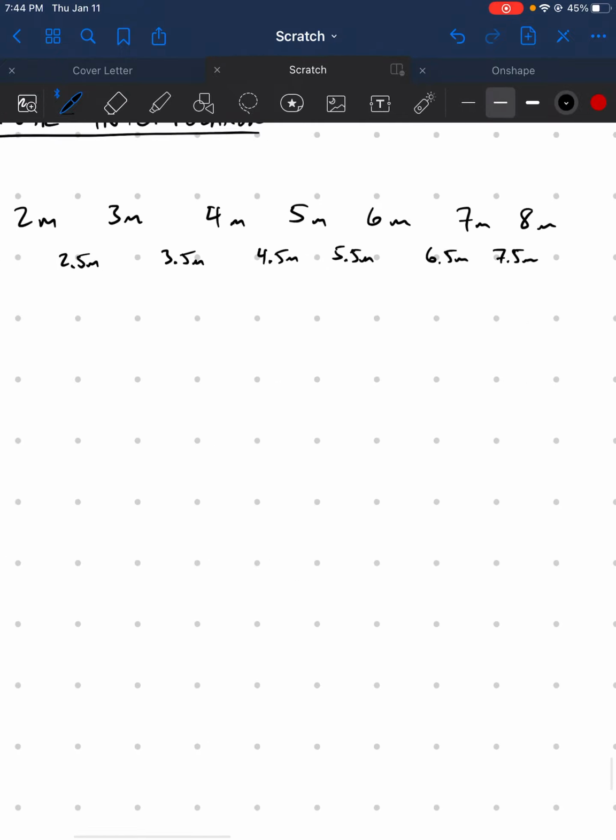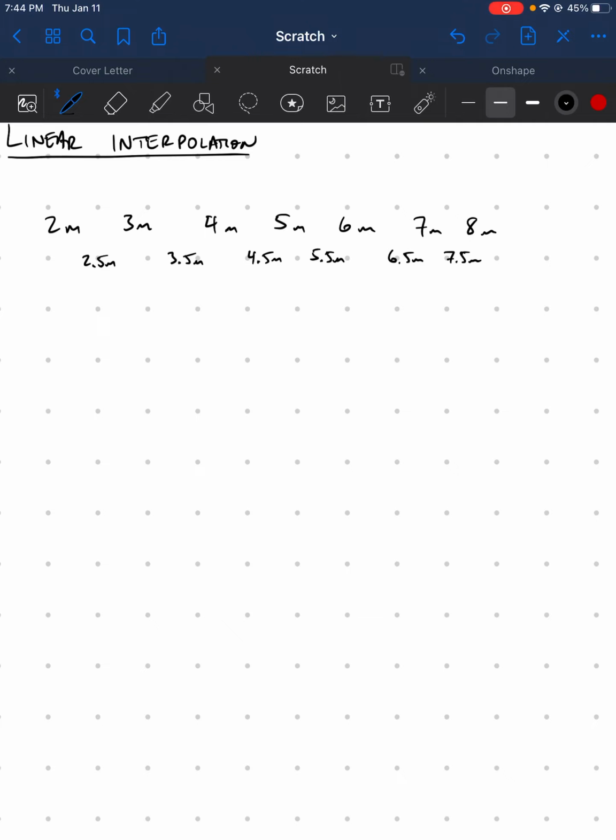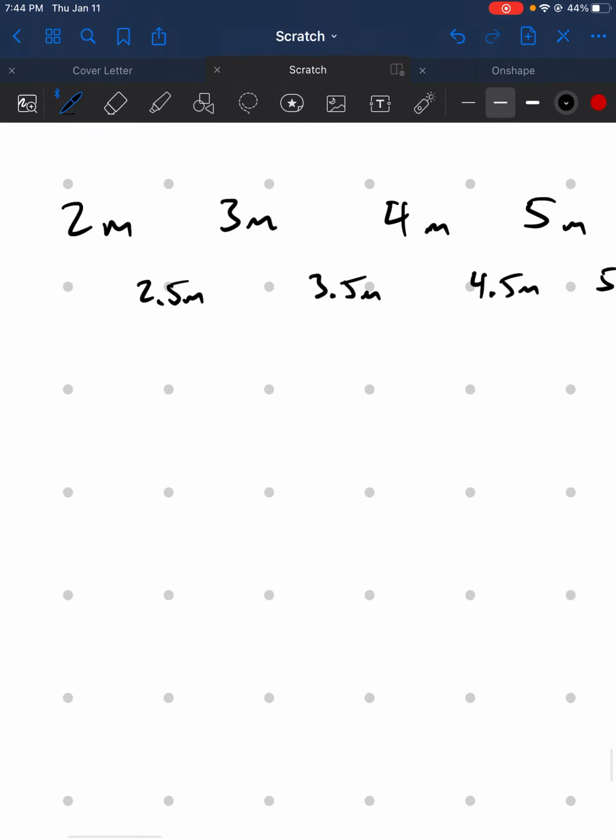Remember, the rules say when you get to state level and national level, if you guys end up going to nationals, they have much finer increments, right? So I believe, I don't know this, but I believe it's 0.25 meter increments for states, and then 0.1 meter for nationals.